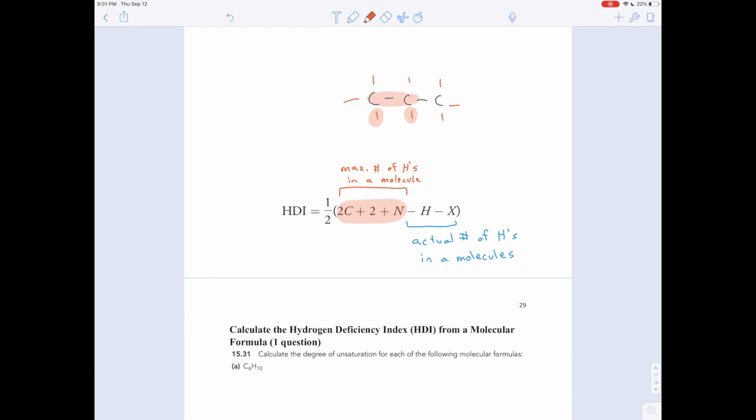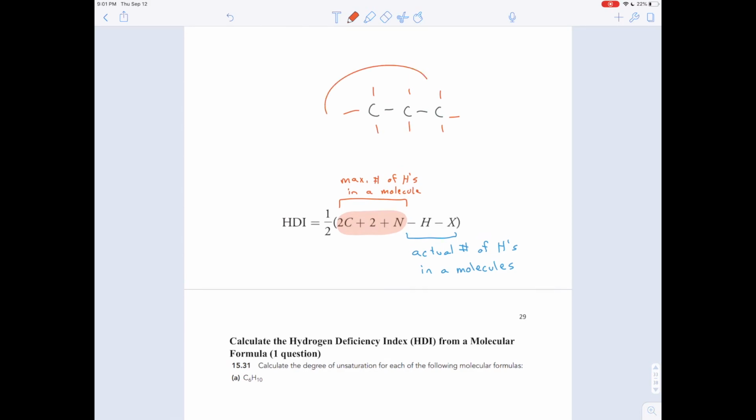If I want to form a double bond between these carbons, I have to get rid of 2 hydrogens. Likewise, if I wanted to put all these carbons in a ring, I would have to get rid of 2 hydrogens, the ones on the end, so that the carbons connect with each other.